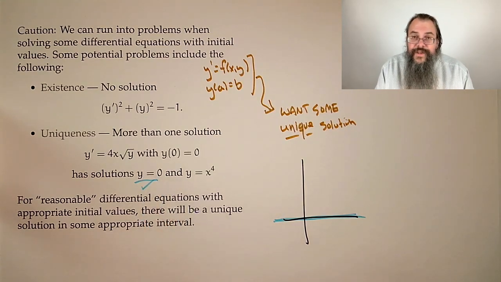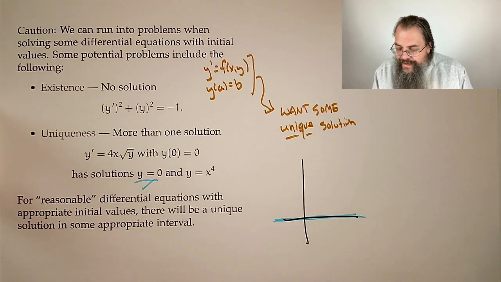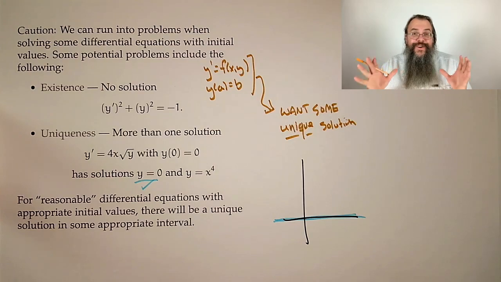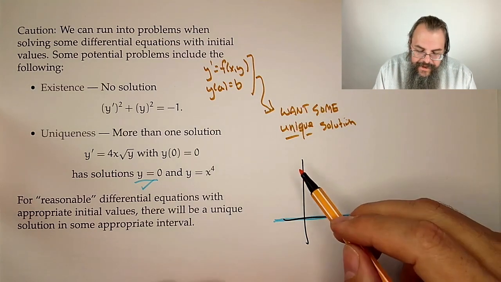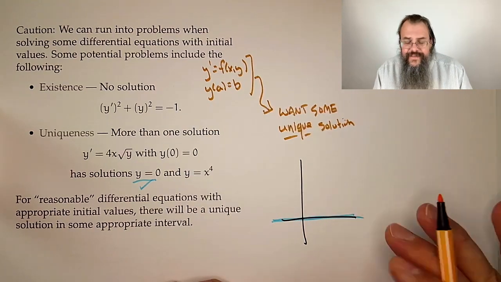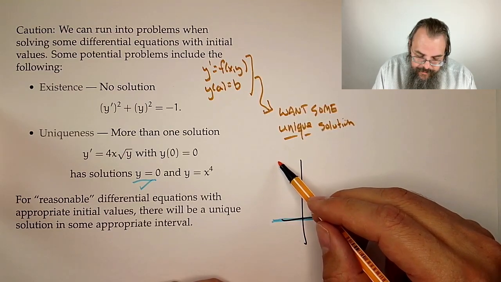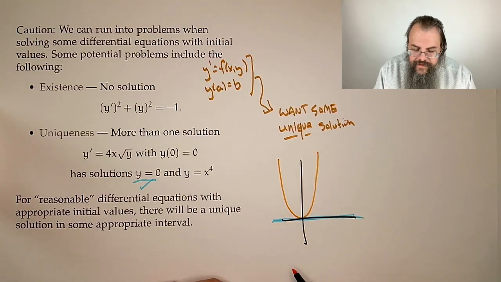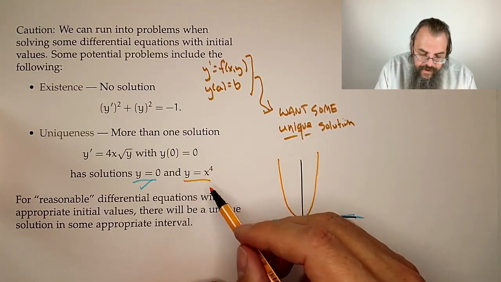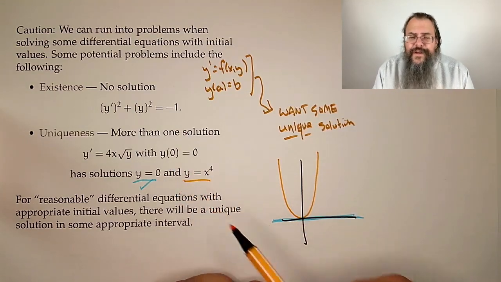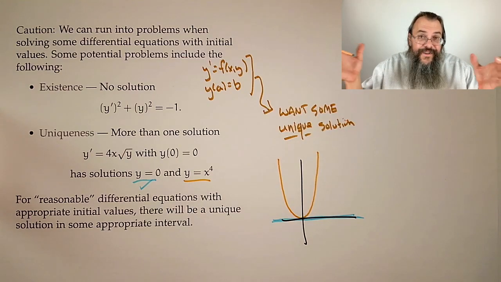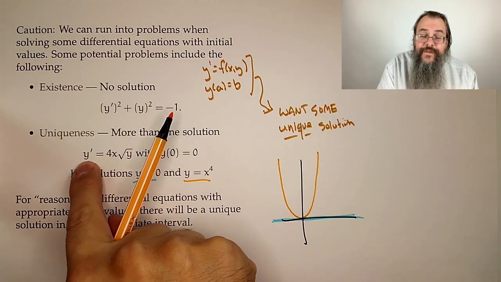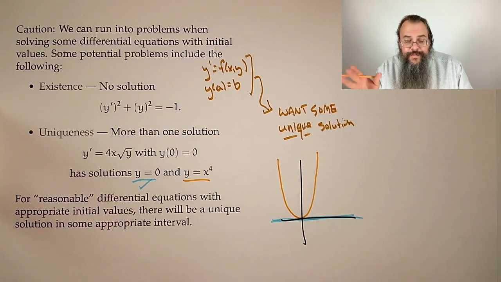Good, works out. Okay, how about x to the fourth? Well, that's a different function. X to the fourth and 0 are not the same function. X to the fourth vaguely looks like x squared, so it kind of looks like a big smile. All right, initial conditions: plug in 0. 0 to the fourth is still 0. The derivative of x to the fourth is 4x cubed.